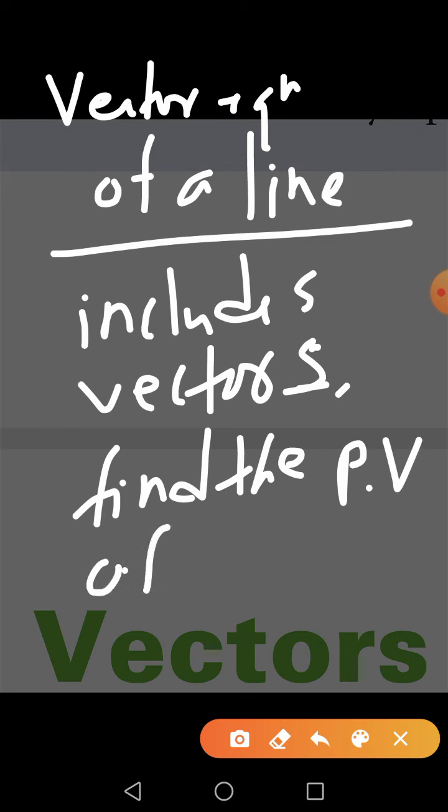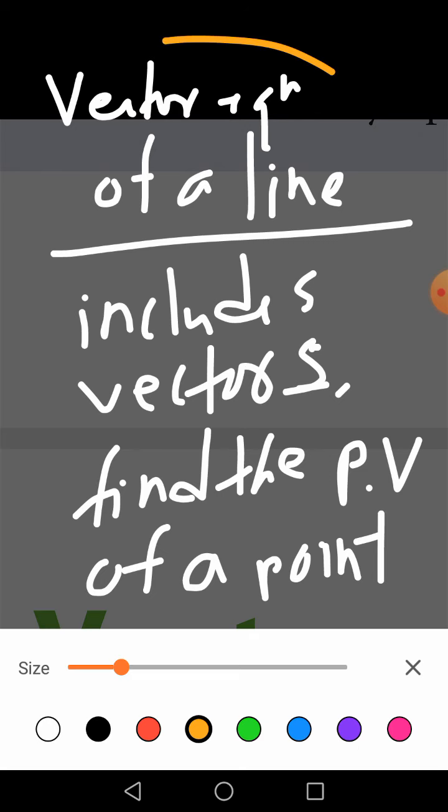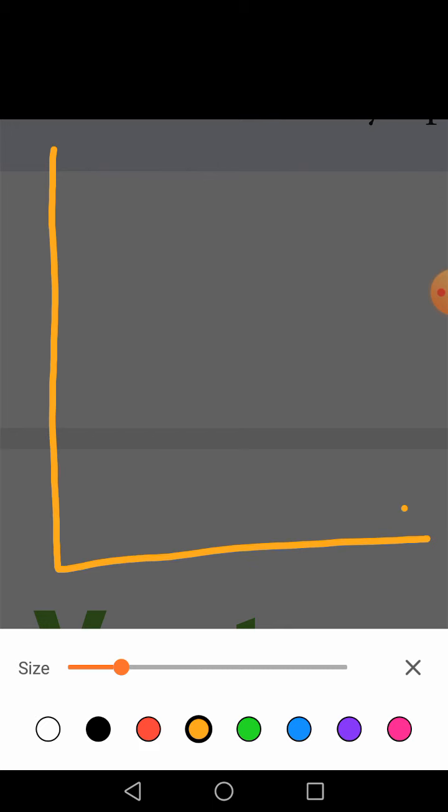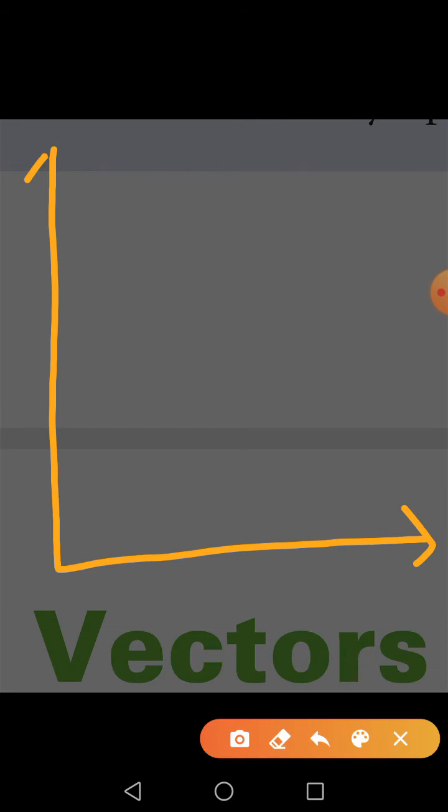Okay, and it allows us to find the position vector of a point. So the vector equation of a line allows us to find the position vector of a point. Okay, and therefore the coordinate of a point. Okay, now let's start along two-dimensional considerations. Okay, let's see. This is a line, all right.